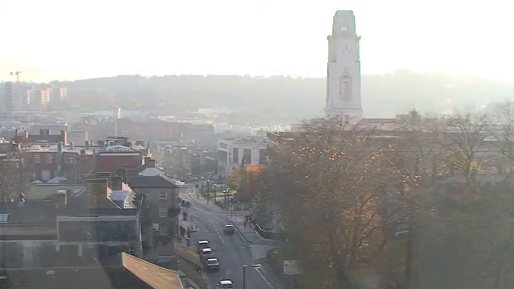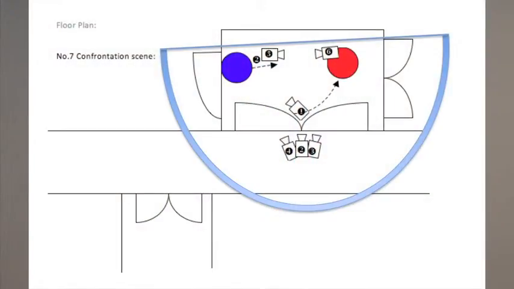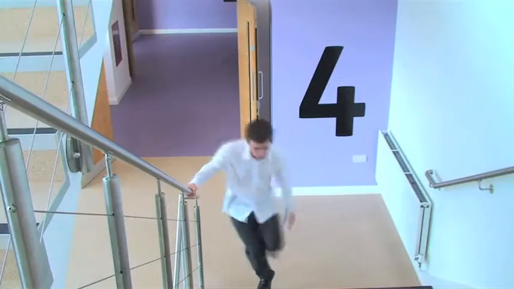Other things that follow generic media conventions include the blue tinge that we have given to the whole film. This has been done deliberately. It's not a white balance mistake. It's meant to give the whole film a metallic look, something that is often associated with the science fiction genre. We also followed filming conventions, such as the 180-degree rule demonstrated here in the picture, and a match on action scene where Alpha 7 cuts his hand.